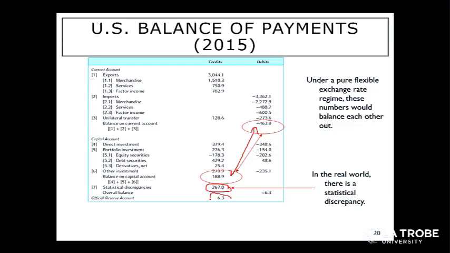Now, even the US is considered a free market, where the currency is floated. But even for the US, sometimes you will see some activities by the government. So in theory, if you have a pure flexible exchange rate regime, then this number should be 0, okay? But in practice, sometimes the government intervenes.